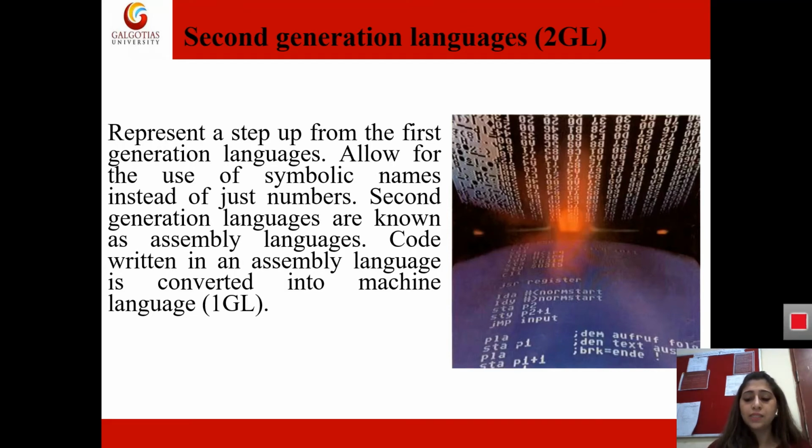So in the second generation also we needed some sort of translation to the first generation language. For this we used assemblers to convert assembly language to the low level, or first generation, language.